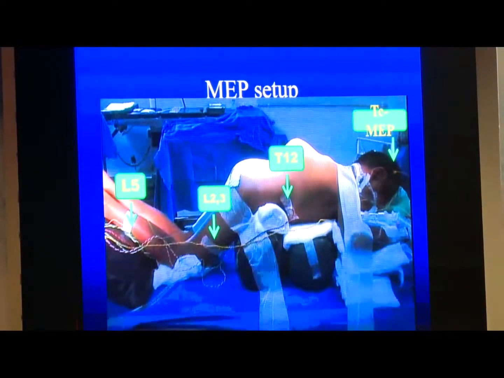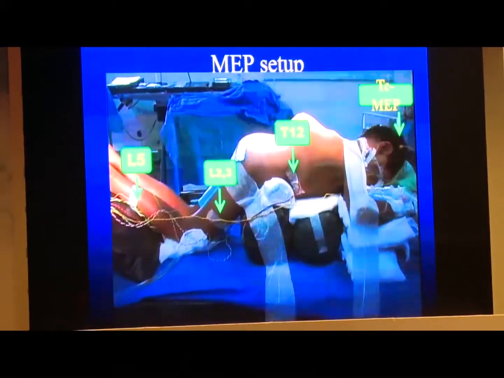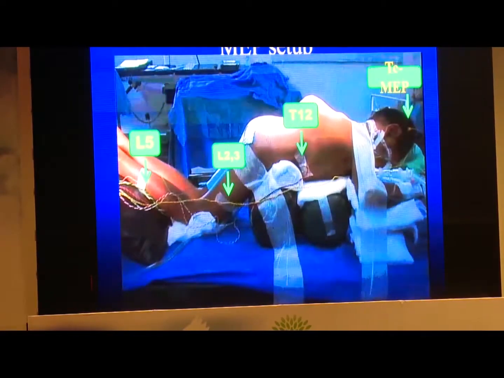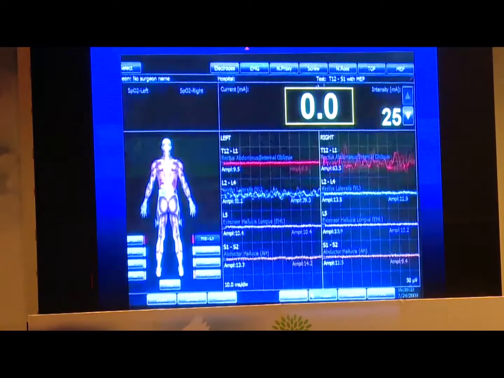It's very important when you use MEP, because when a sudden jerk happens, the patient can sometimes even move away from the bolster that you kept inside. So it is very important to use proper strapping of the patient.